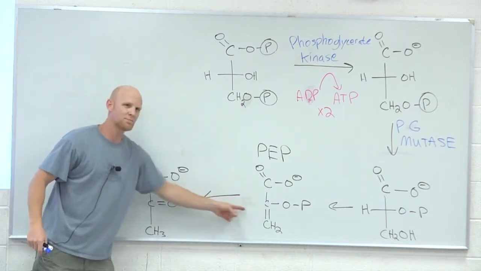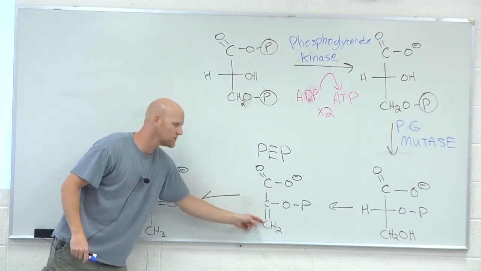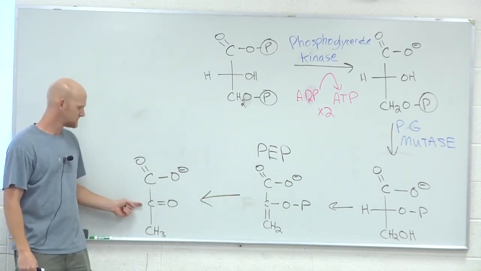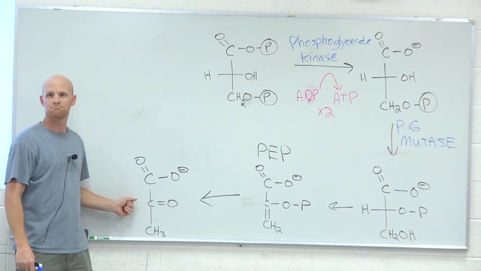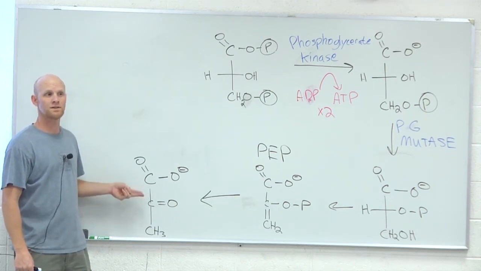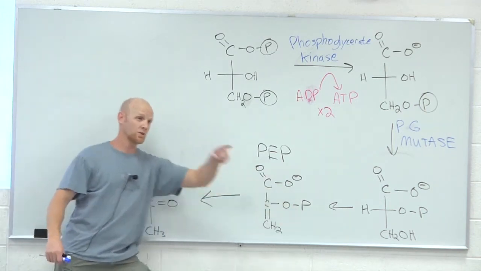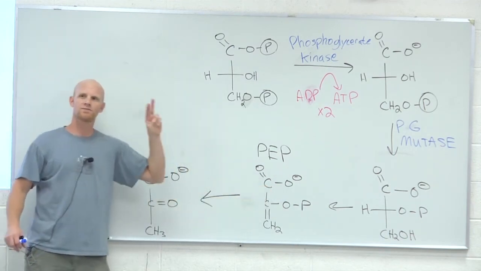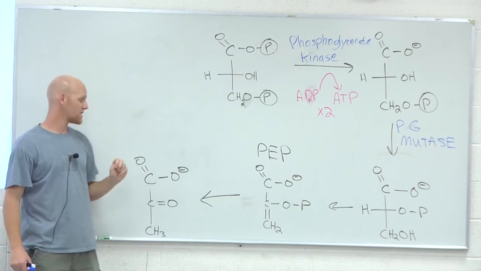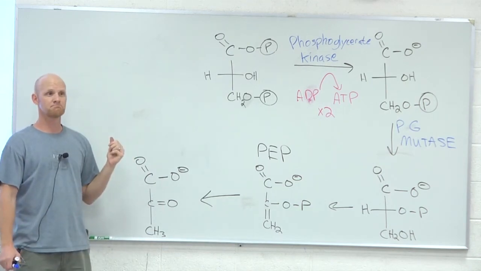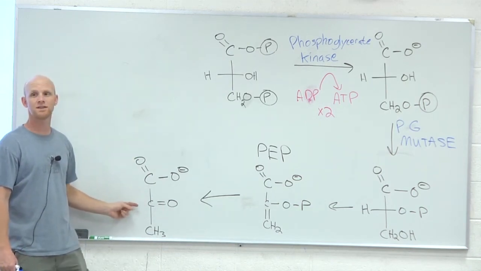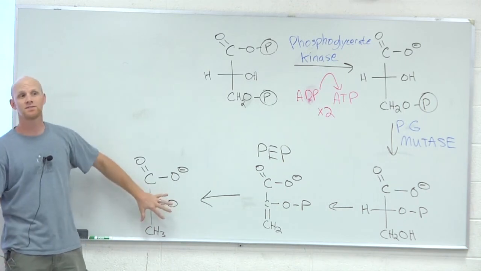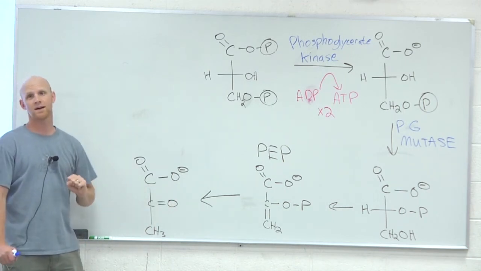So what just happened here to my enol? Well, it did lose its phosphate group. We're going to keep track of that in a sec, too. But what are enols famous for? Tautomerizing. What do they tautomerize to? Their keto form. That's what happened. This is just a keto-enol tautomerization. It is not an oxidation, FYI.